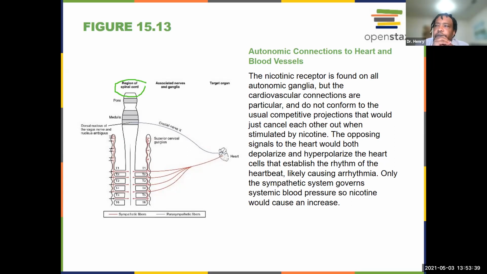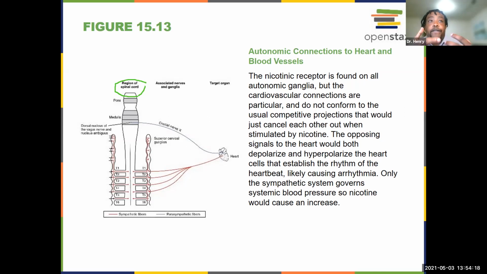So let's see the best way of saying this. You have the receptors that are going to be associated more so with the parasympathetic function, and then you have the ones that are associated with the sympathetic function. So even though you have nicotinic receptors along that whole part, those receptors aren't going to stimulate the parts of the nervous system that say, okay, you need to continuously breathe and stuff like that.